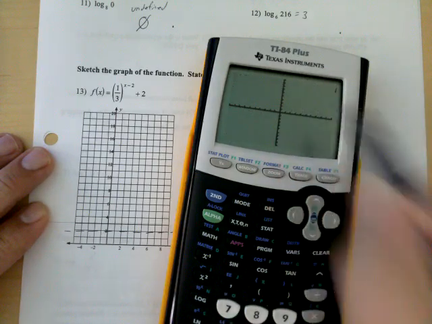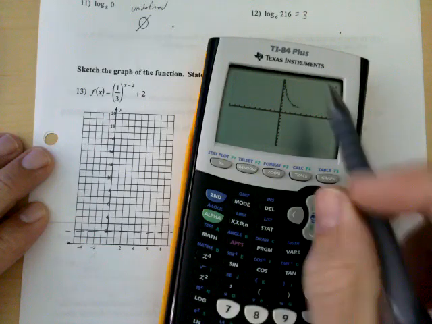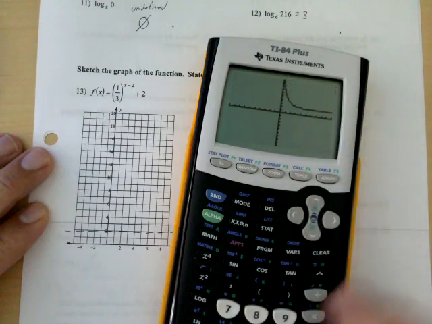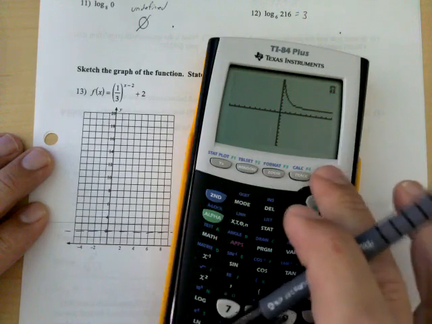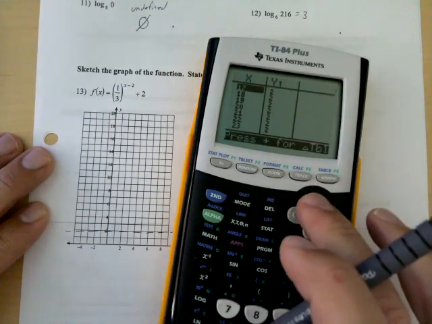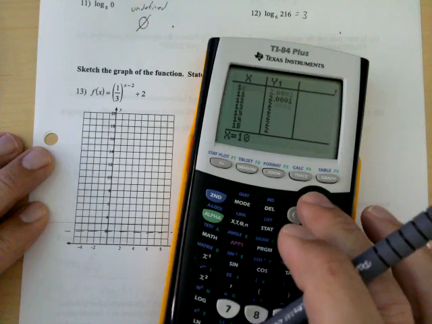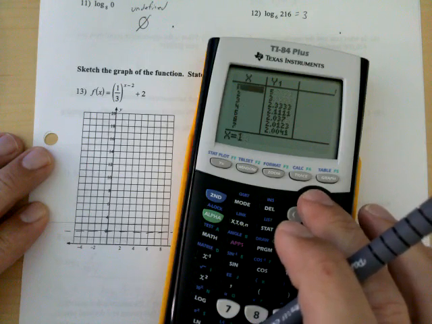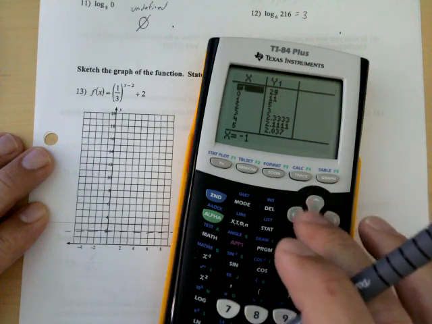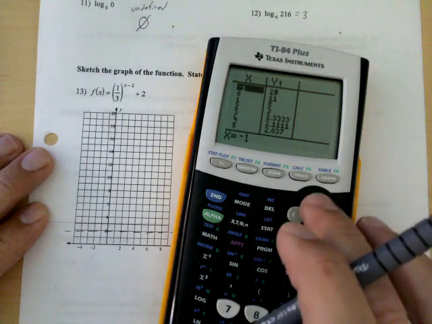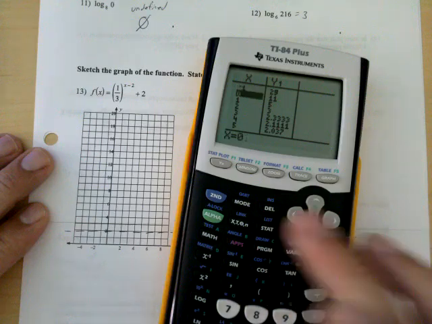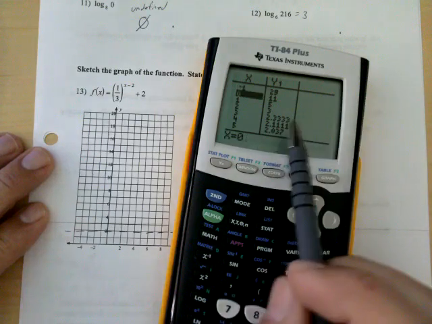It's going to go like this. It's coming down, and then I just go to my table, and I'm going to see my table all the way there. So it's good. The calculator does say 2 eventually, but it's not equal to 2, because the calculator just runs out of decimal places.